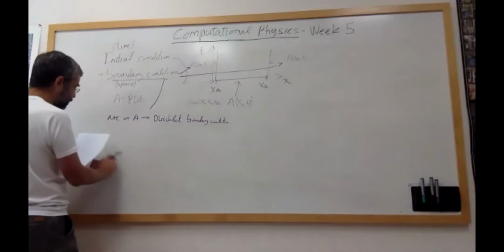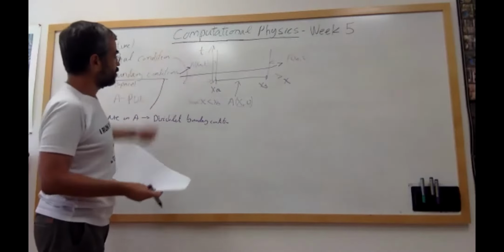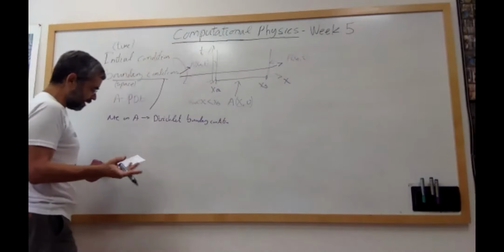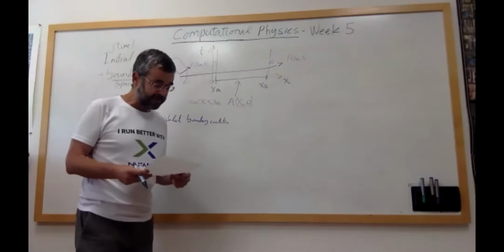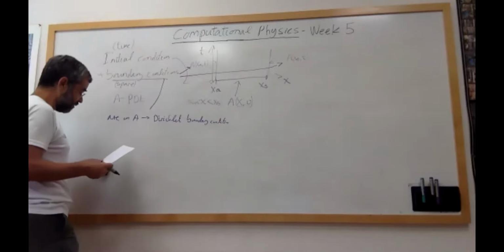But instead of A, it can be on the first derivative. If we are talking about a second derivative PDE, then we need a boundary condition on the first derivative.